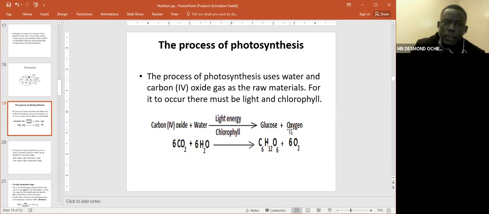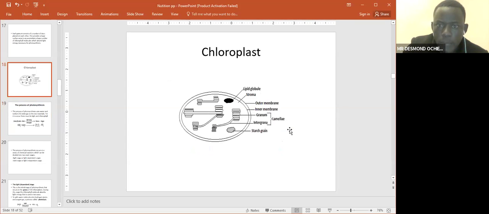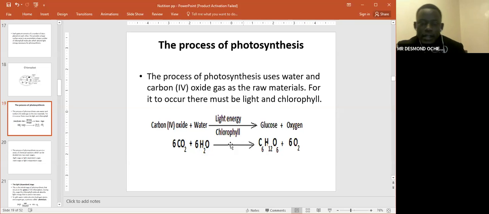It is also important to note the equation here, because you can be asked to write down the equation for photosynthesis. We have carbon dioxide plus water in the presence of light energy and chlorophyll. See where we have the light energy and chlorophyll.